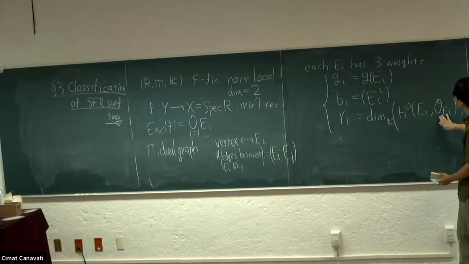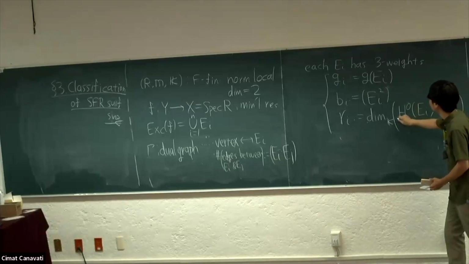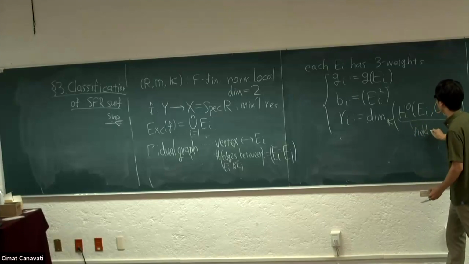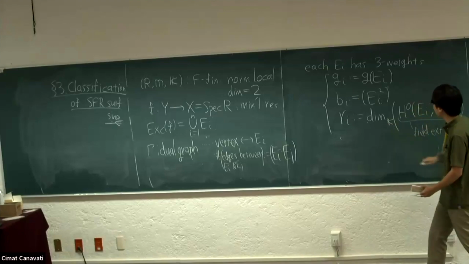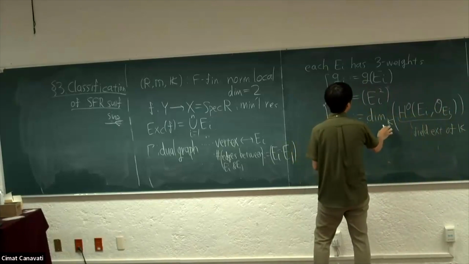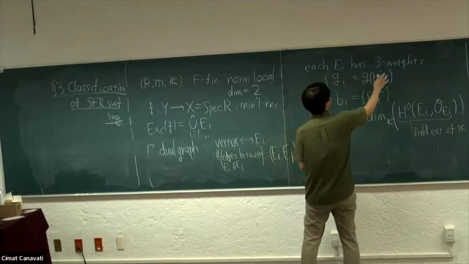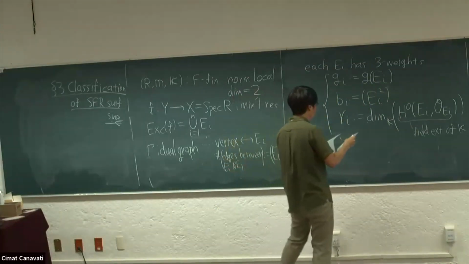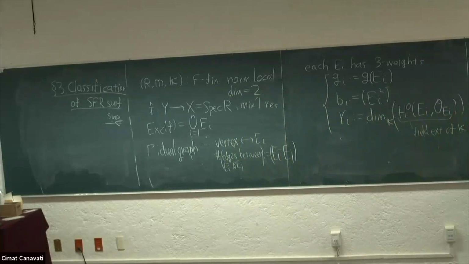The global sections of E_i form some field extension of kappa, and the extension degree is r_i, which is the final weight of E_i. So this is the dual graph in our setting.